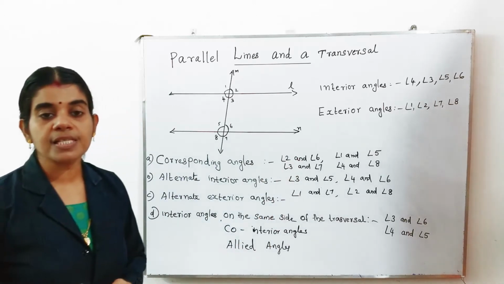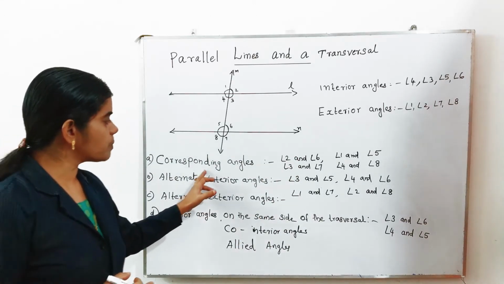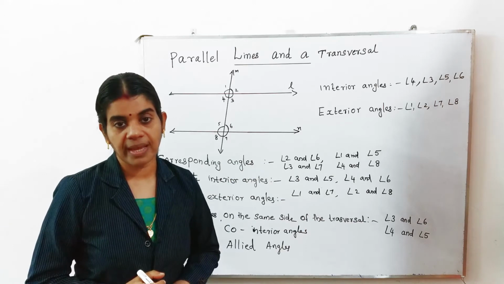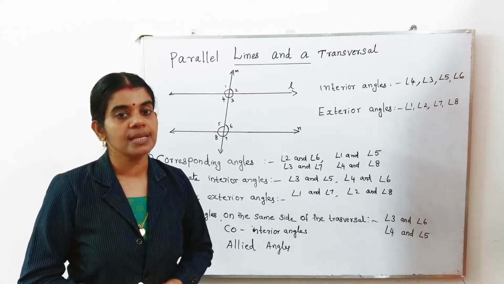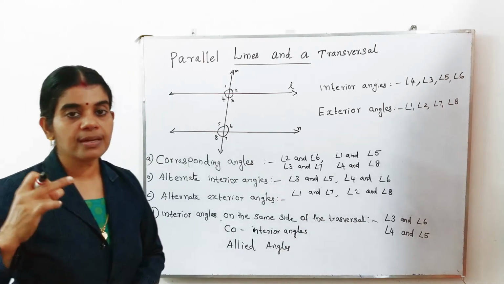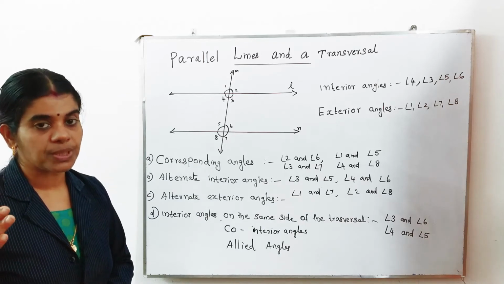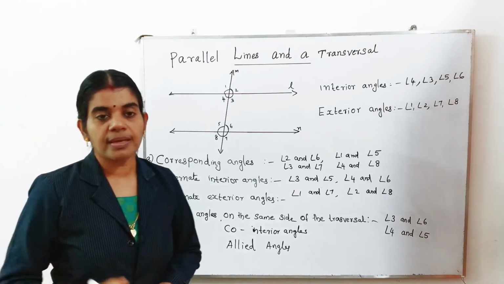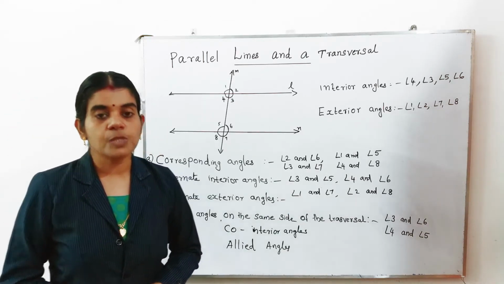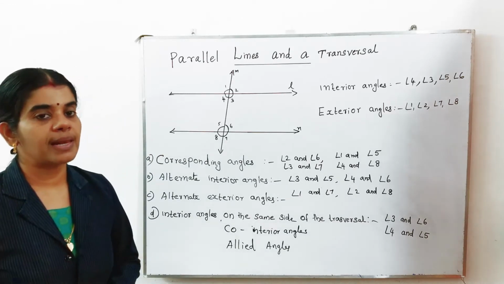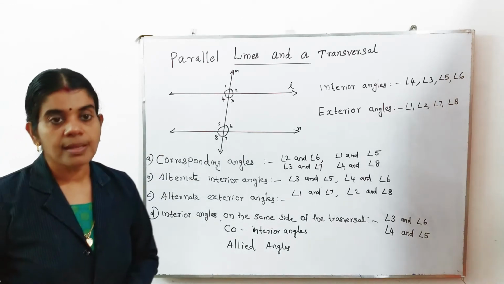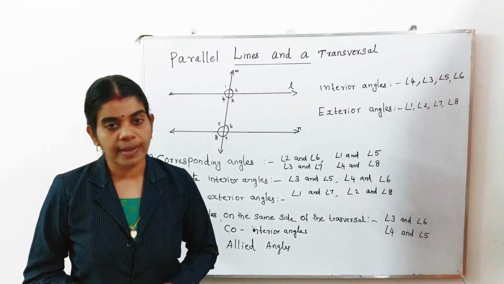This is known as the corresponding angle axiom. Axiom, I already told in the previous class: without proof, we accept it as a universal truth. That statement is true, and that is known as an axiom. The corresponding angle axiom means if two parallel lines are cut by a transversal, corresponding angles are equal.